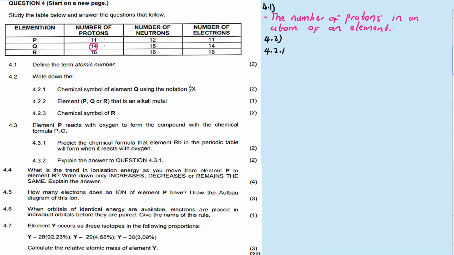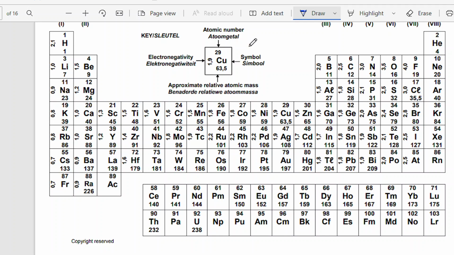So we're looking for element number 14 on the periodic table. So it's 1, 2, 3, 4, 5, 6, 7, now 14. Now element 14, so therefore it means our answer is what?